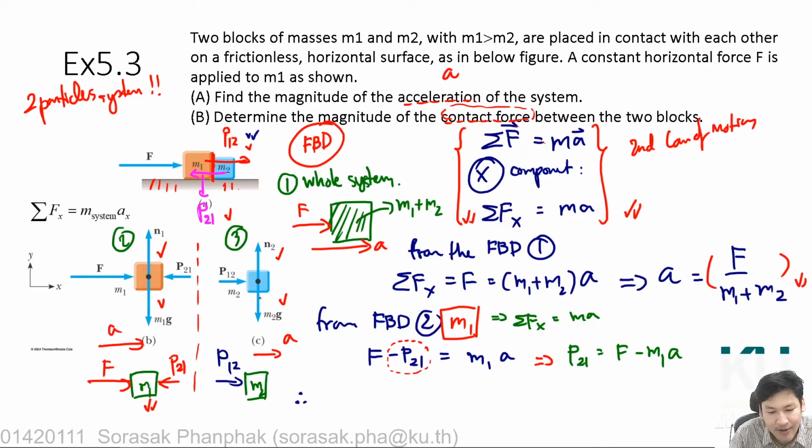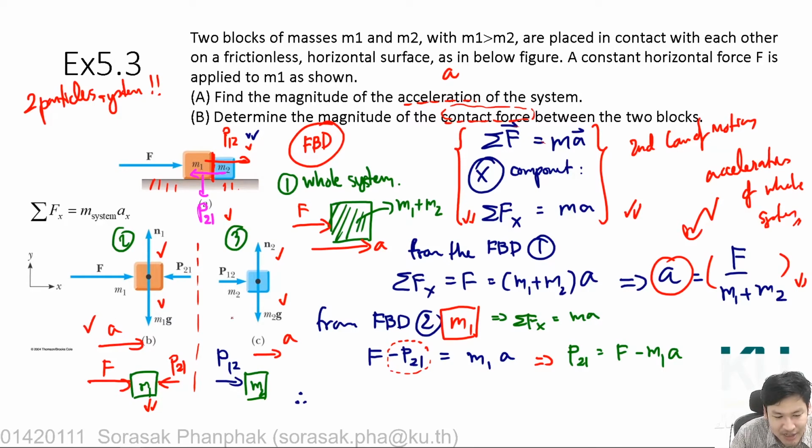This is the acceleration of the whole system, which is equal to each individual a. The system drives with the same acceleration here, right? I forgot the unit is meters per second squared.